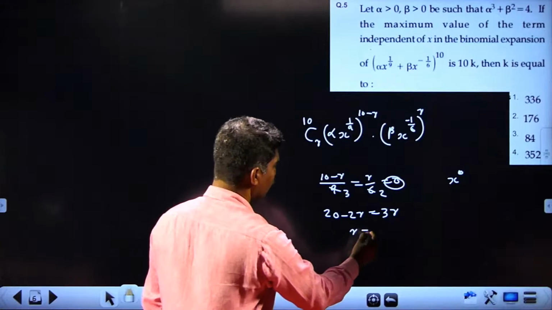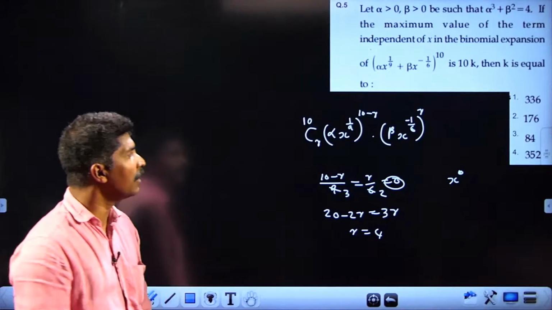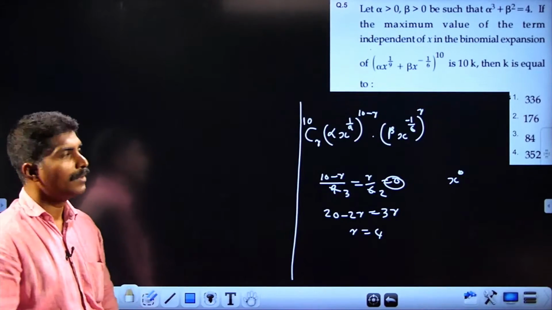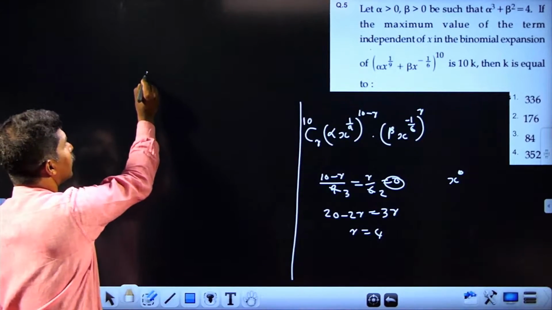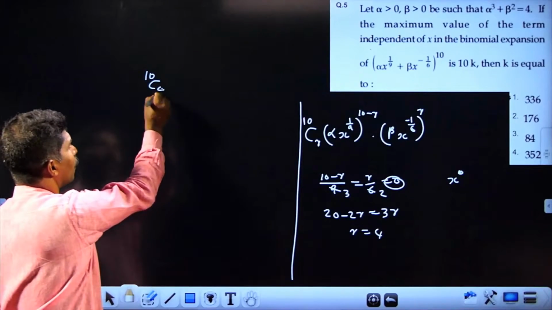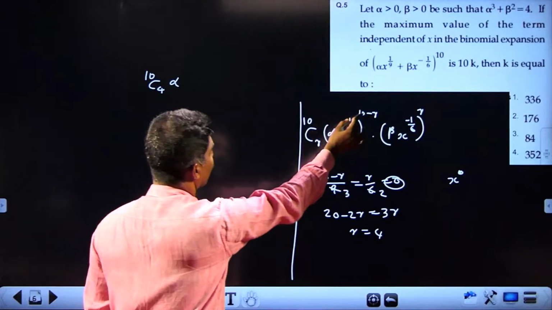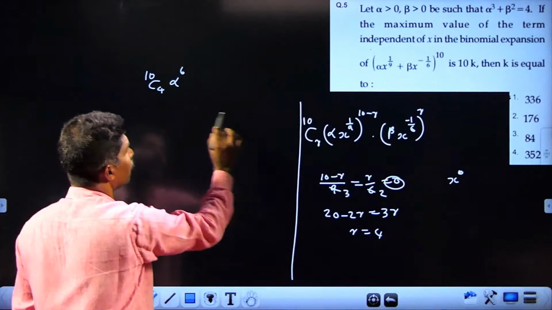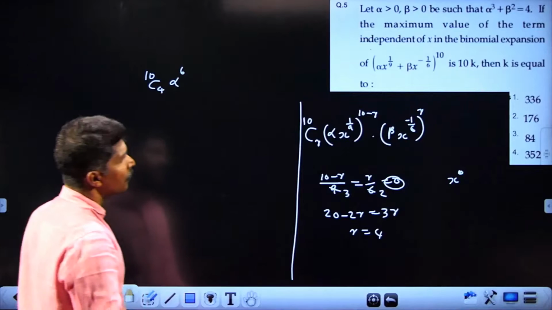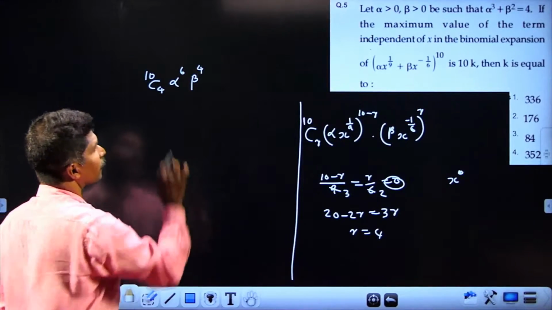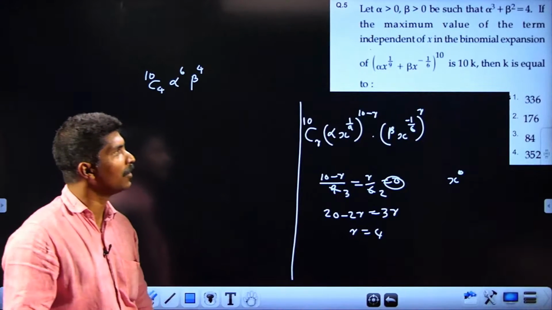Therefore r is equal to 4. So what will be the term independent of x now? Term independent of x is 10C4 alpha raised to 6 into beta raised to 4. That is the term independent of x.